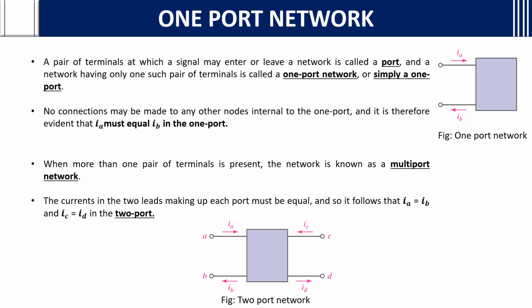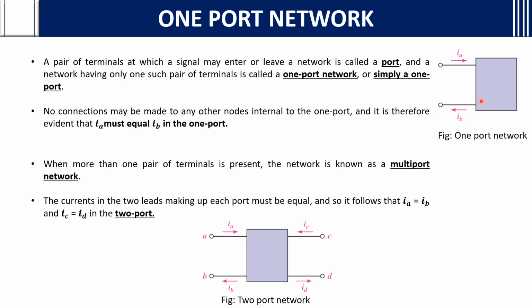1-port network. What is a 1-port network? A pair of terminals at which a signal may enter or leave a network is called a port, and a network having only one such pair of terminals is called a 1-port network. What port means is that a signal entering or leaving a network does so through a port. Here it is entering, so it is the input port.